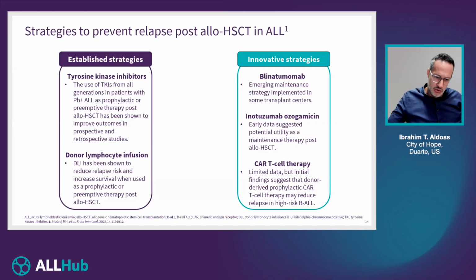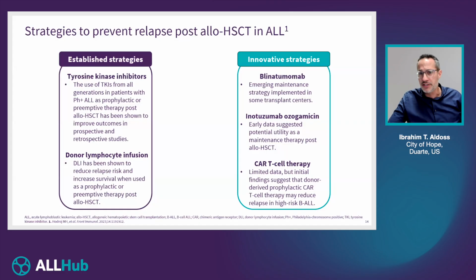More frequently it is used as preemptive, either because the patient lost chimerism or developed MRD relapse, and it is mainly effective if you have a low level of disease. If you have full-blown relapse, typically donor lymphocyte infusion doesn't work well, and it comes with the risk of graft versus host disease. You need to collect the donor, so there are additional steps to be able to provide donor lymphocyte infusion.